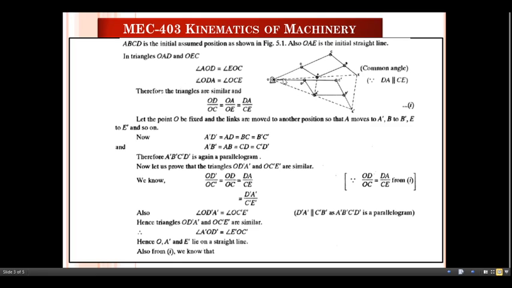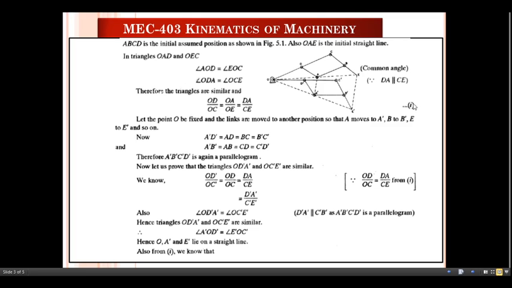So angle A dash OD dash equals angle E dash OC dash. Hence O, A dash and E dash lie on a straight line.